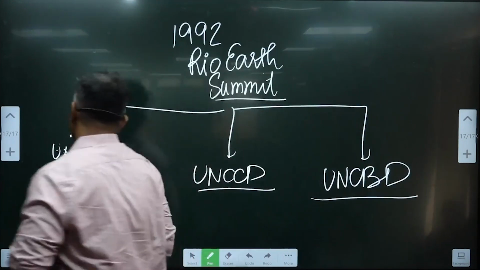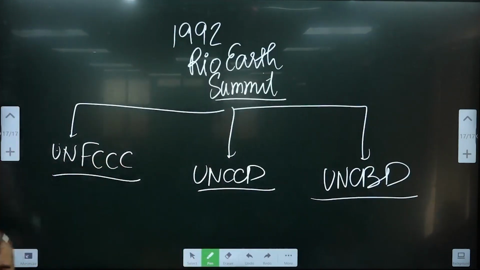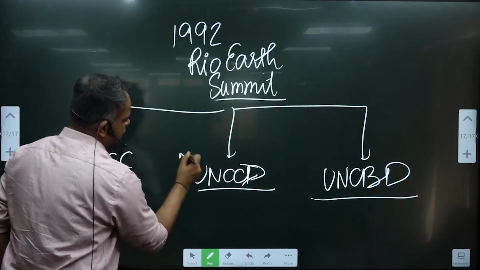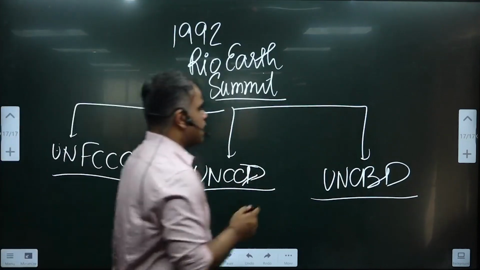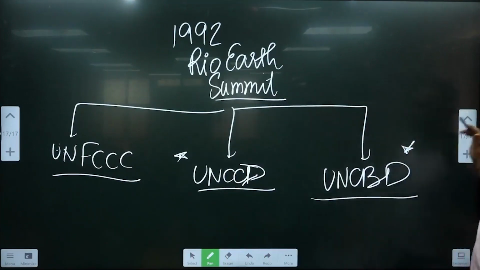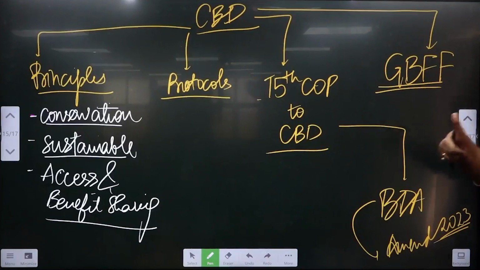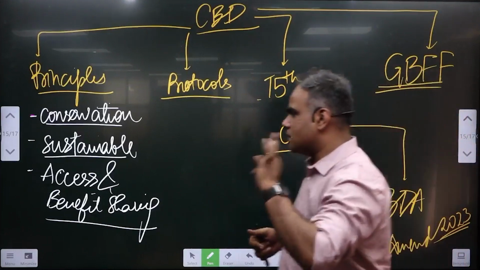UNCCD, again, the moment we do anything related to land, desertification, degradation, we'll think about UNCCD. And for CBD, we are doing CBD right now. So in CBD, we are seeing three principles: conservation, sustainable use, access and benefit sharing.